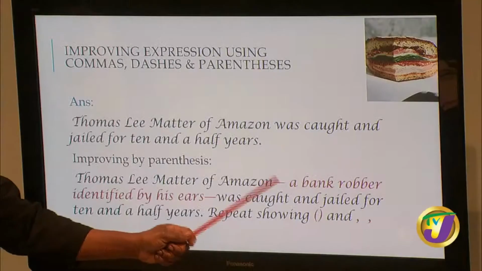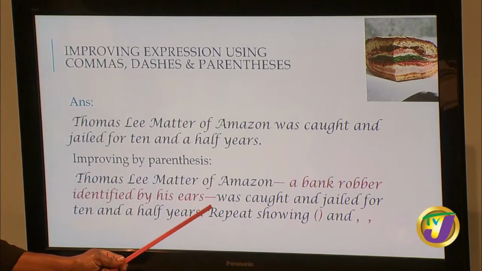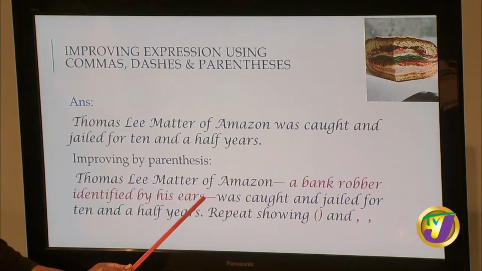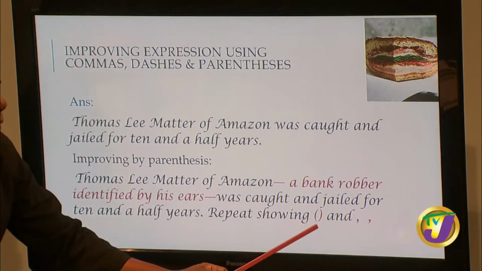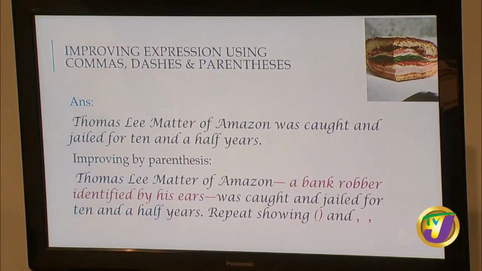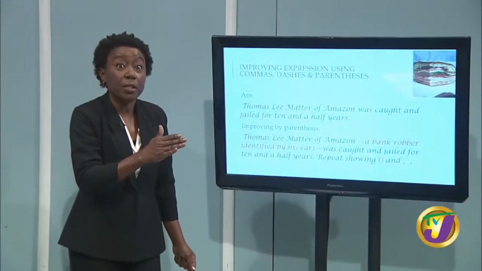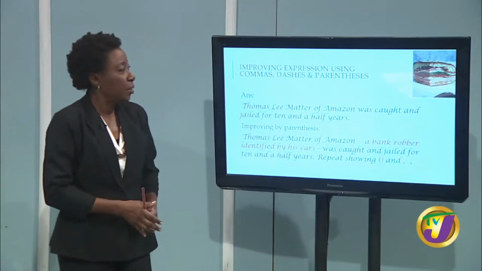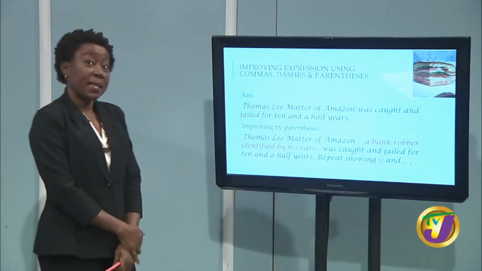So if you didn't want to use a dash, it's a matter of preference, what you use is a matter of style. 2 dashes, 2 parentheses, or 2 commas. Only make sure that you have the 2 of them, one before the thought and the other one after the thought. You get that?